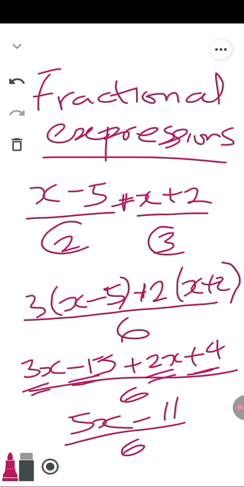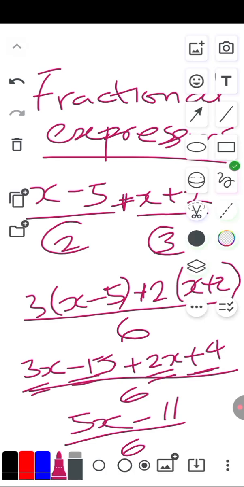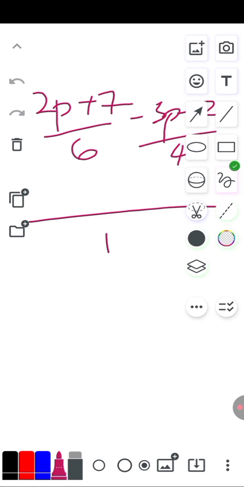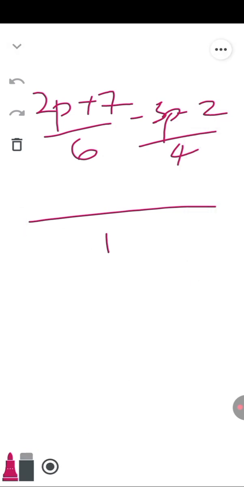Once there's no obvious one, just multiply the numbers together. But if you can see one, like in this example, just pick it. So 6 and 4 now: if you multiply them together, you get 24. But you can also use 12 just by observing. If you use 24, you are still very correct, just that your work will be a bit bulky.